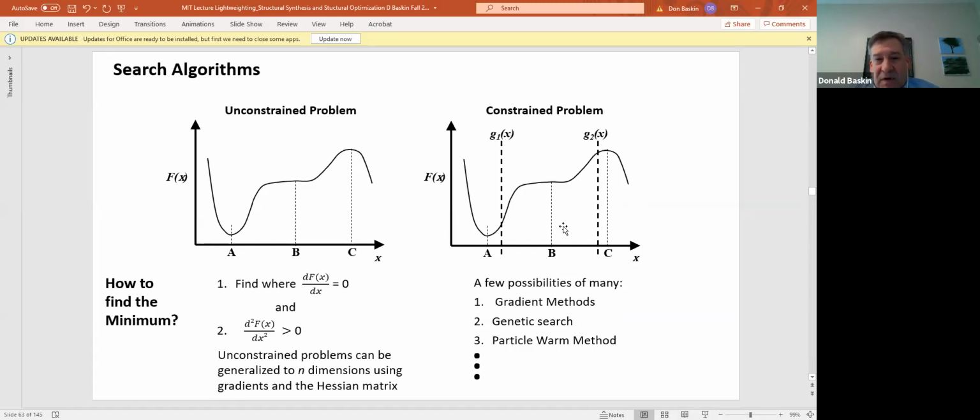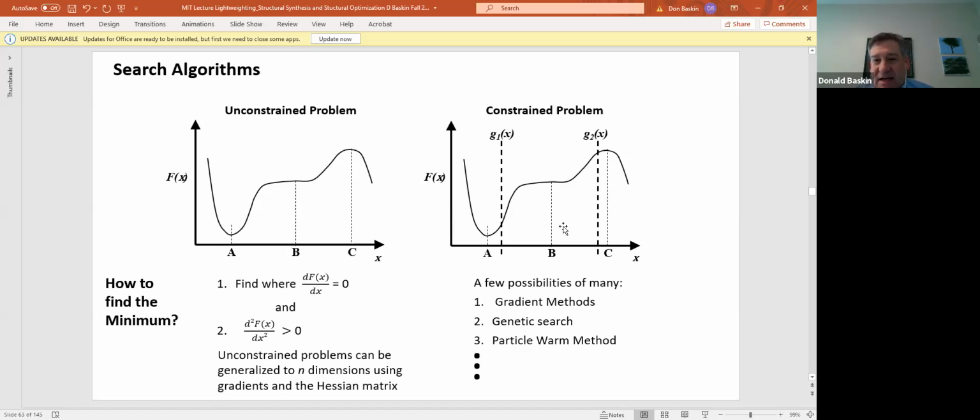If you have an unconstrained problem, like on the left here, f of x with the design variable x, and you want to find a minimum for f of x, the method you learned in first year calculus is to take the derivative of this equation and find the places where the derivative equals 0.